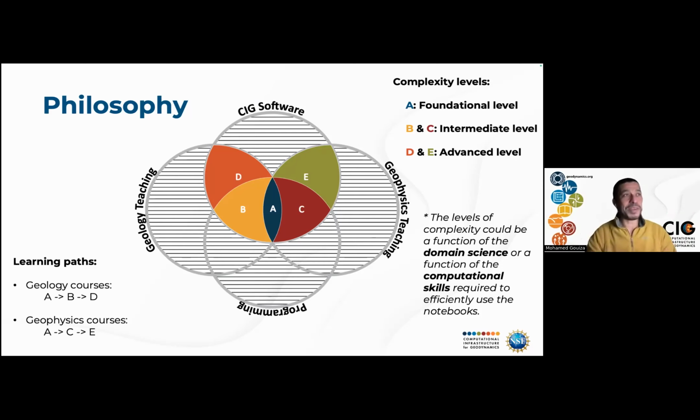We'll have foundation level resources, which are an introduction to programming and geodynamic modeling, but also intermediate and advanced levels. The advanced level will be the other end member, where the student does a proper research project using programming and the geodynamic modeling software.